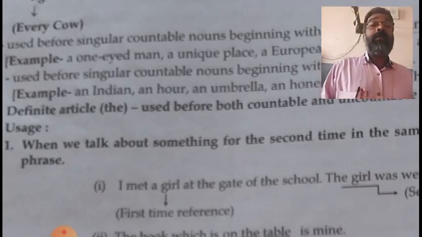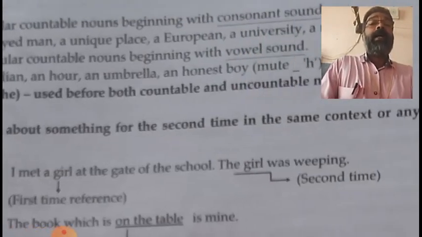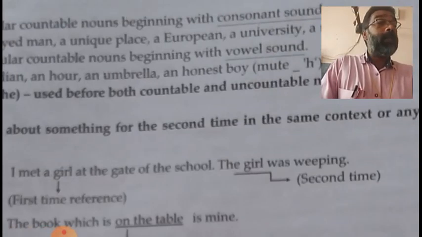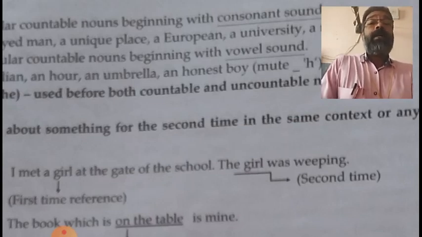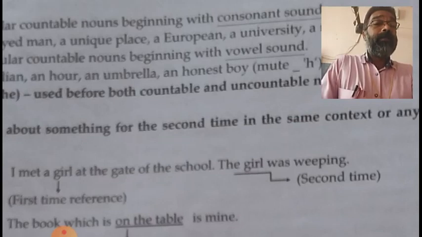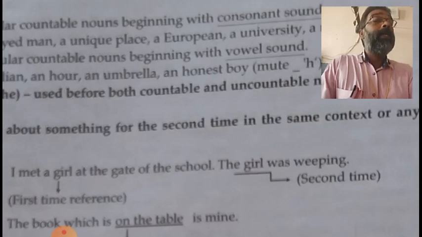For example, let us see: I met a girl at the gate of the school. The girl was weeping. So in the first sentence, a girl is referred to. Girl, noun. So it is not definite there. So we used the indefinite article a before the noun.